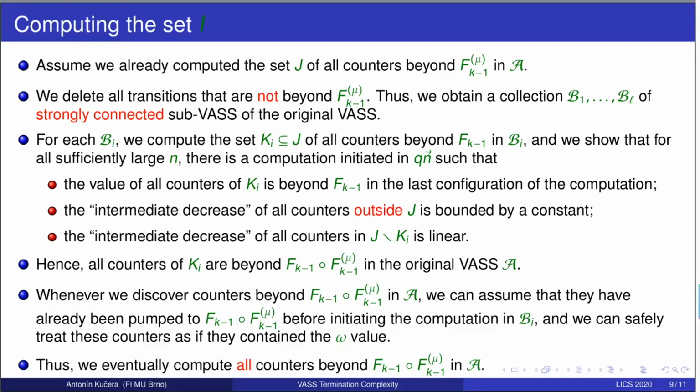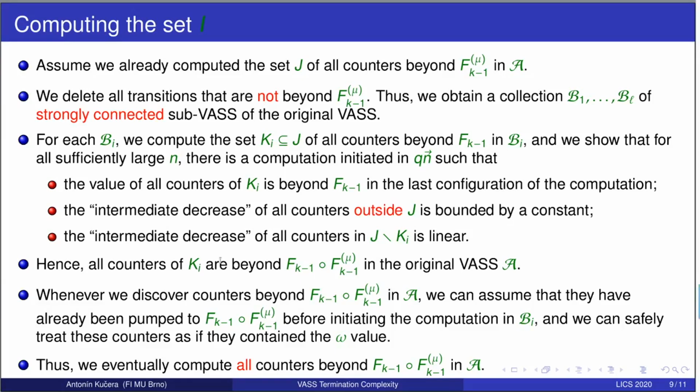I should say that computing the set Ki of all counters pumpable beyond fk minus 1 in Bi is possible by induction hypothesis because our algorithm is recursive. So when we are computing the set of all counters beyond fk, we can assume that we can compute the set of all counters beyond fk minus 1 in an arbitrary strongly connected VASS, including Bi.